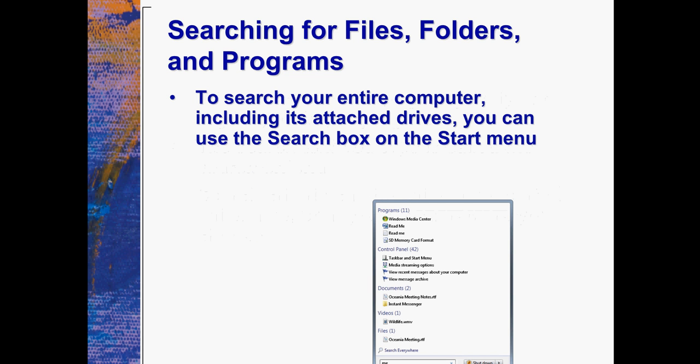To search your entire computer, including its attached drives, you can use the search box on the Start menu. To search within a particular folder, you can use the search box in the Windows Explorer window. Notice the example, the search is for me, down here.